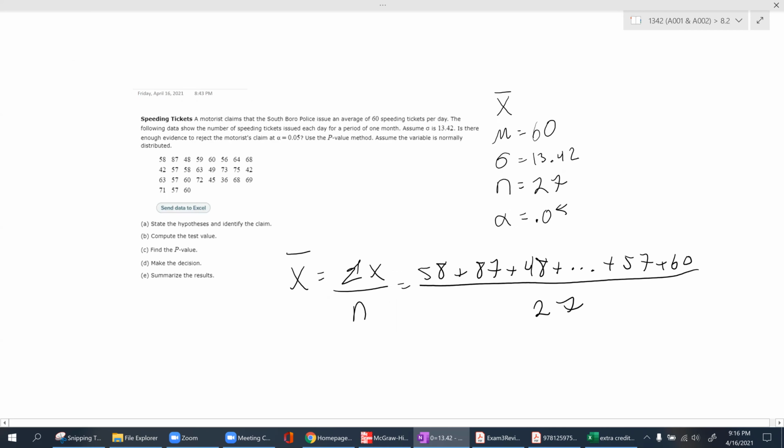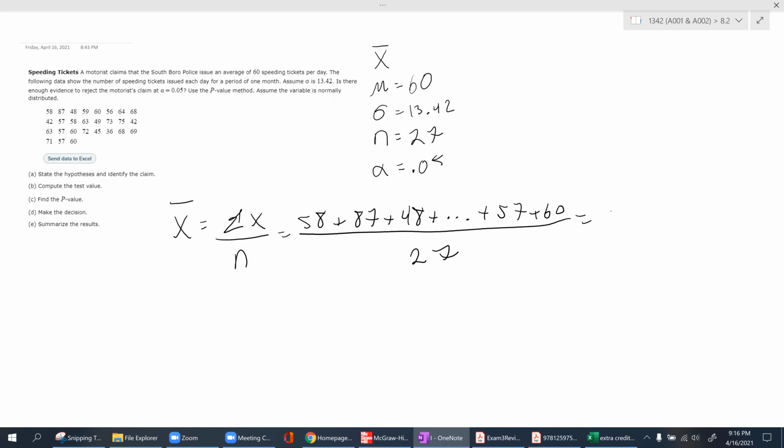The sum that you found should give you 1617 over 27, which is going to give me 59.89. So that is my x bar.